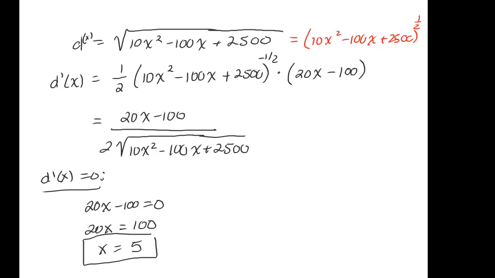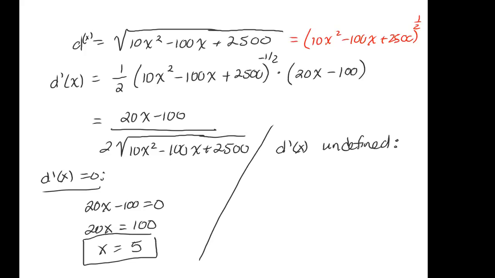I also probably should check where the denominator is undefined, or where the derivative, I should say, is undefined, where d prime of x is undefined. And I'm actually going to use Desmos to do this. So I'm going to bring that up.